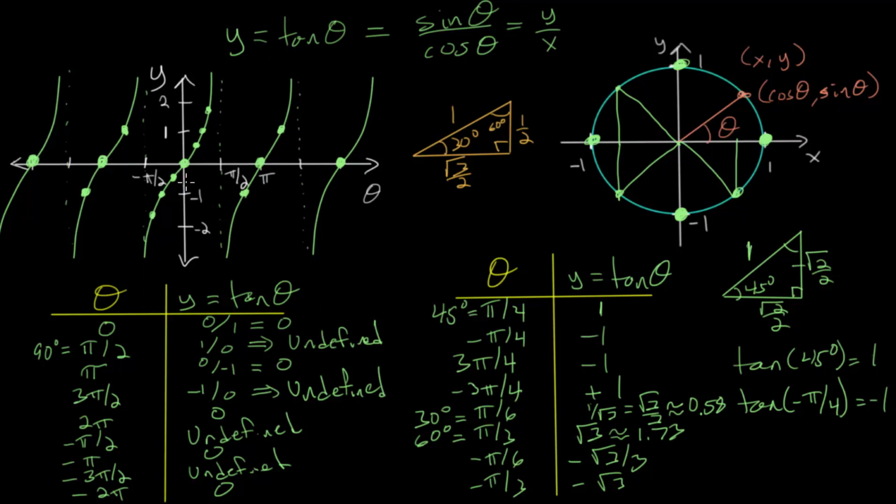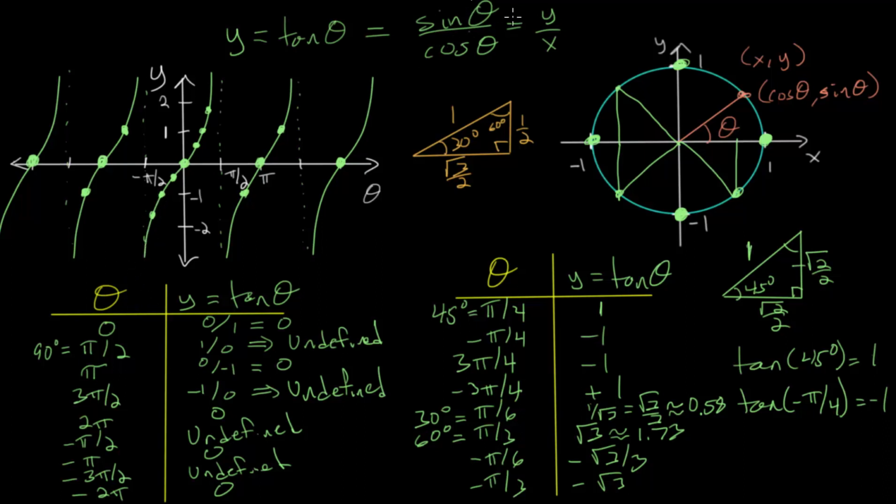And notice that as the angle theta approaches pi over 2, the tangent function shoots up to positive infinity. And as it approaches minus pi over 2, heading leftward in the negative direction, it approaches negative infinity.